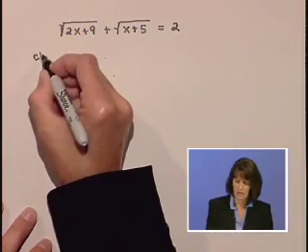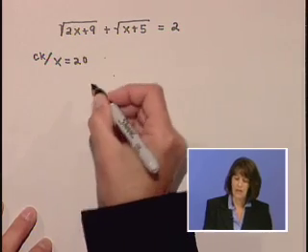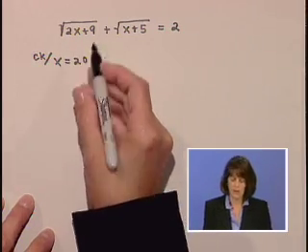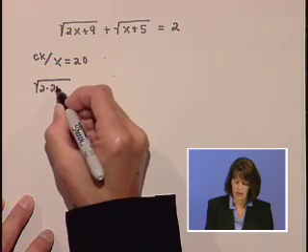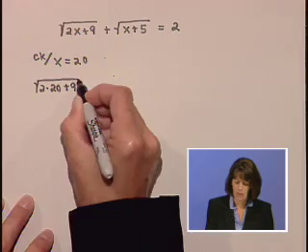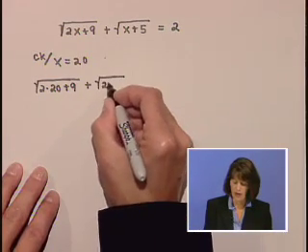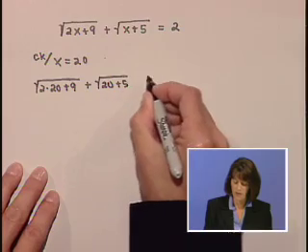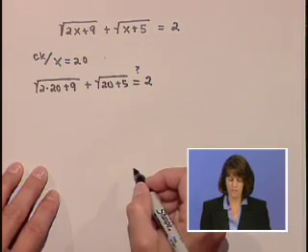Let's first check the possible solution of x equal 20. Substituting that into x, 2 times 20 plus 9 under the first radical plus the square root of 20 plus 5. Is that equal to 2?